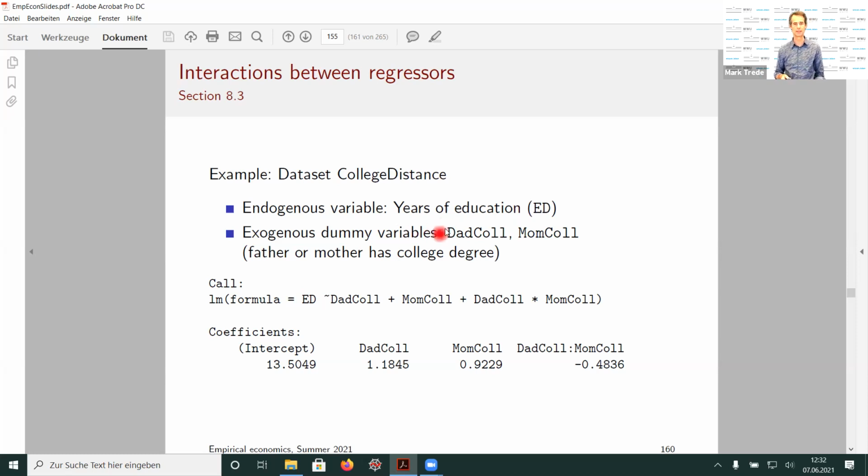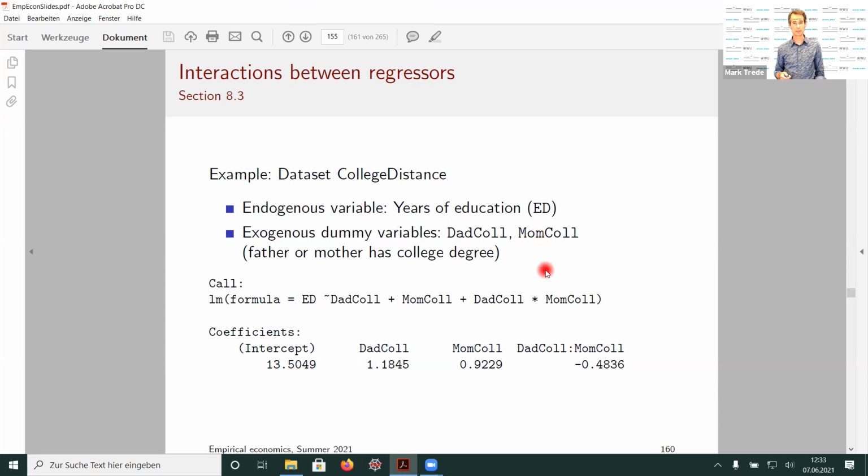The first one is 0, 1, depending on whether the dad has a college degree. If yes, then it's 1. If no, then it's 0. And the second dummy variable is if the mother has a college degree. So also 0 if she doesn't, and 1 if she does.